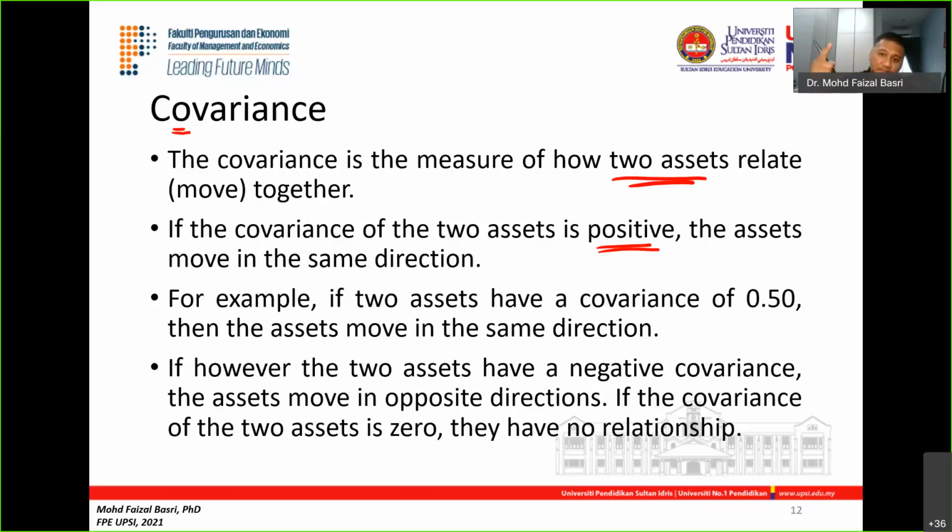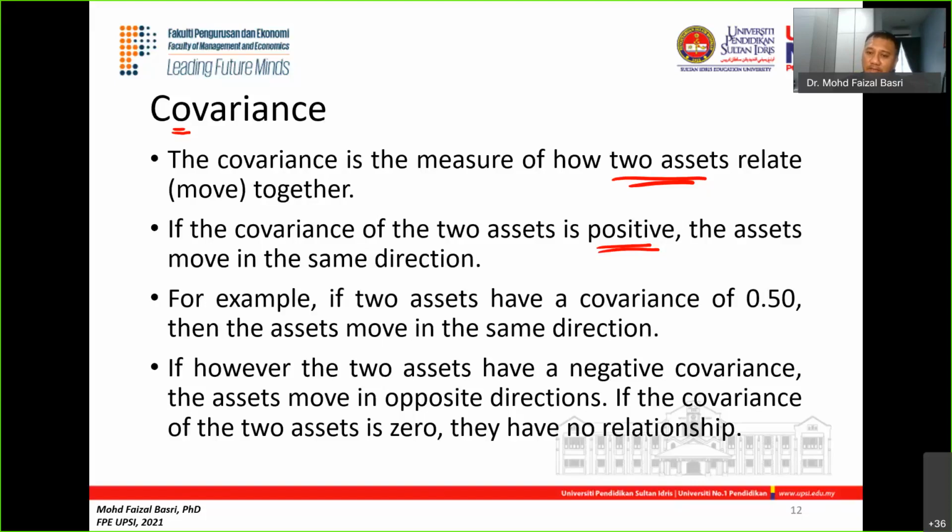Meaning if one stock goes up in price, the other one will go up in price as well. And when I say positive, it doesn't necessarily mean only when they increase. When they reduce, they also move in the same direction.